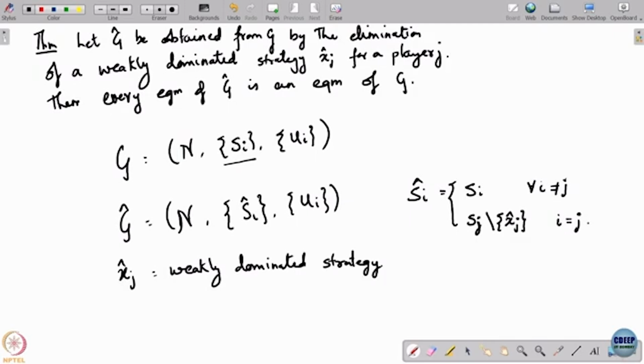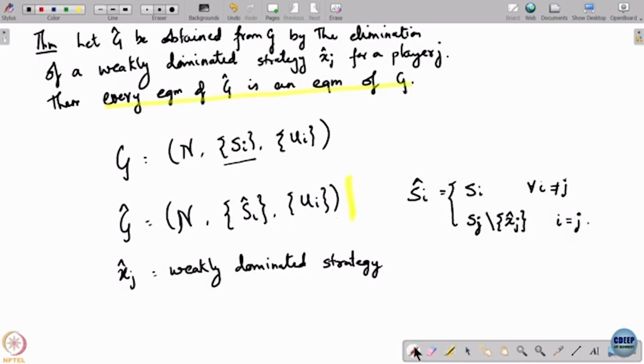And what does the theorem say? The theorem basically says that every equilibrium of G hat is an equilibrium of G, which means that if you look at the smaller game, the reduced game formed after elimination, then all equilibria of this game are also equilibria of the original game.